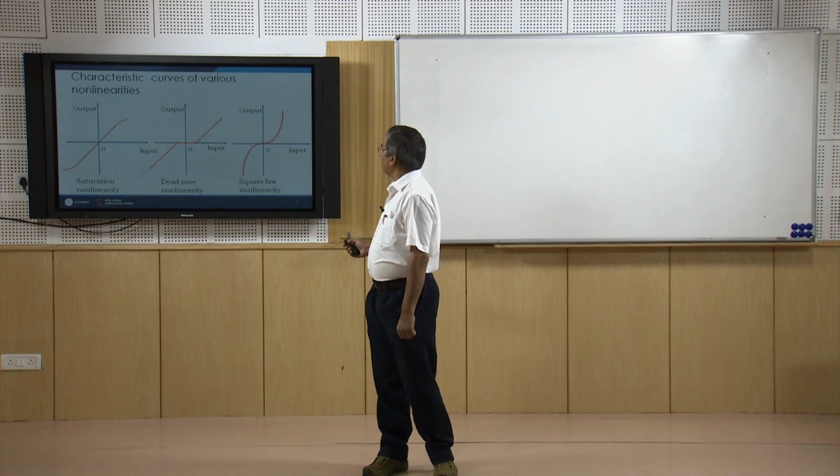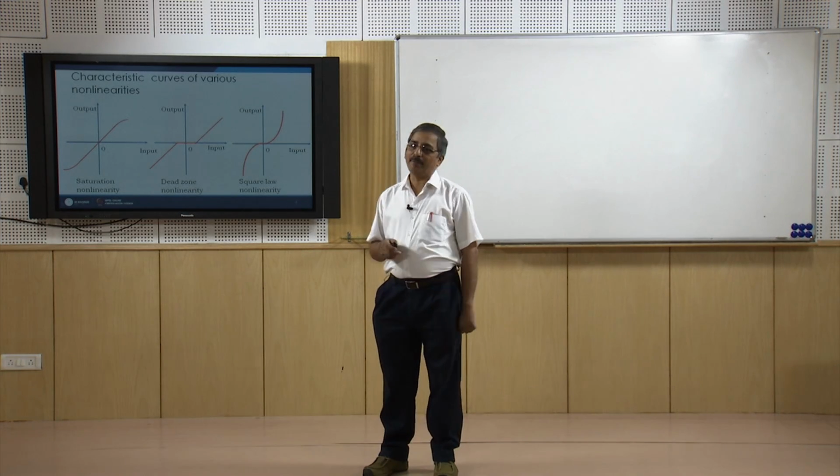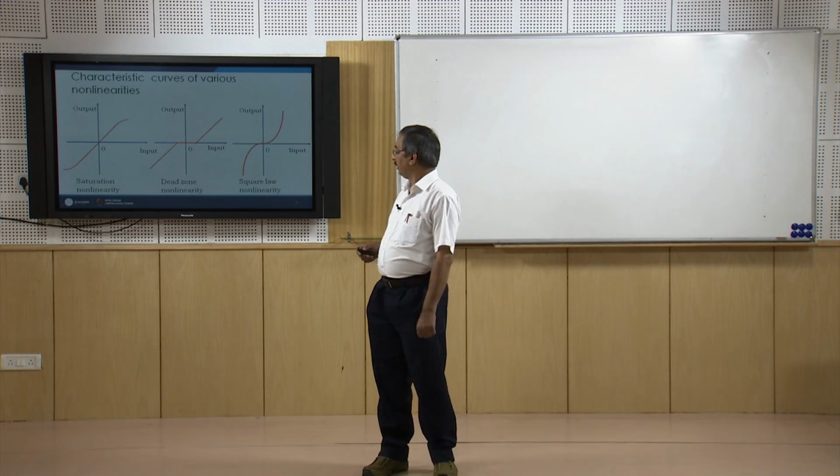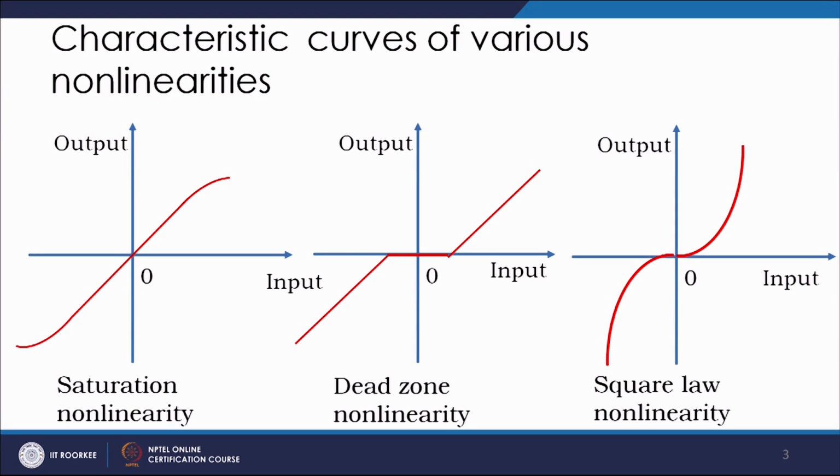Now, let us see the characteristics of various types of non-linearities. In the first one, with an increase in input the output also increases, but after a certain value of input the output remains almost constant. This behavior we call saturation non-linearity. Another type is the dead zone non-linearity.